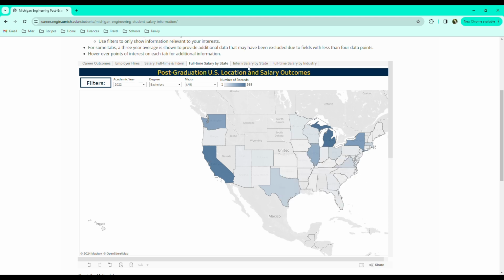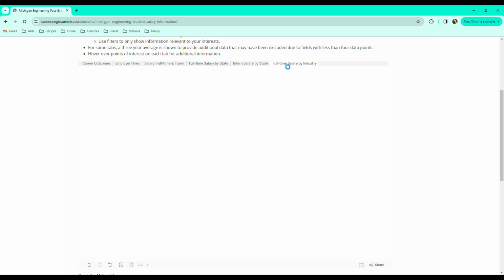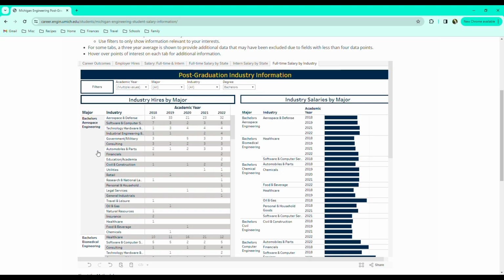All right, and then we're going to skip intern salary by state and go to full-time salary by industry. Okay, again, a lot of information. While you can use this for salary, I think that the most useful thing immediately is to really understand that if you look at what major you're choosing, there are a lot of options for industries.